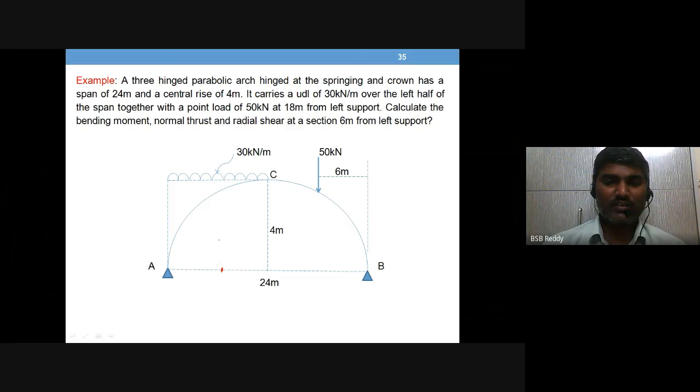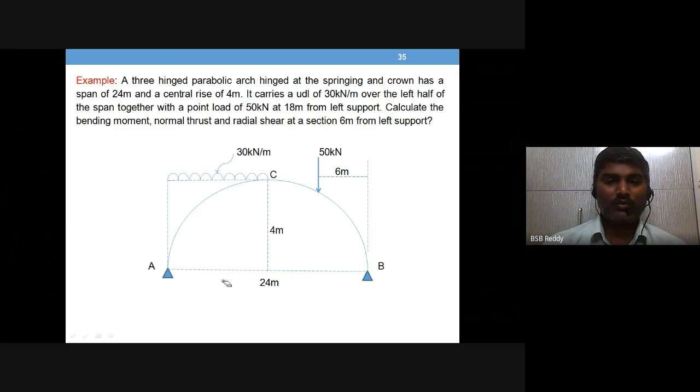Now this is the location where we want, let us say this is 6 meters, the midway. So this is what is required from the problem.